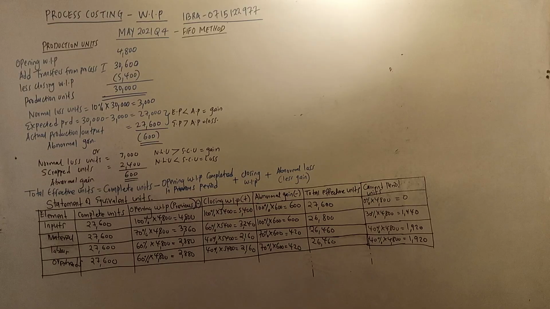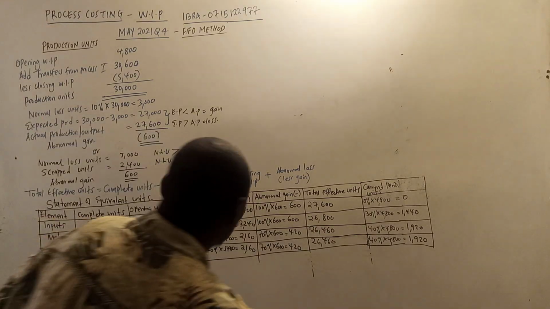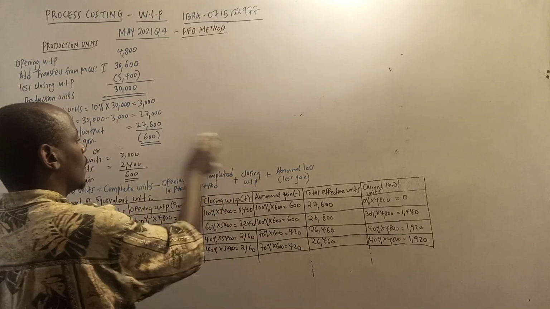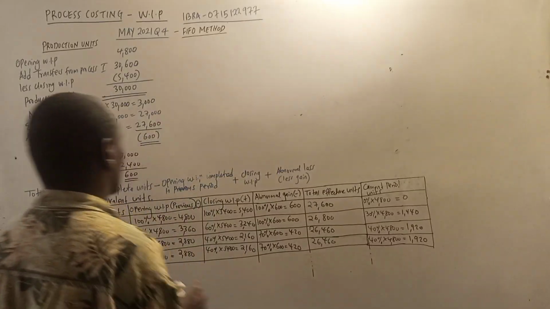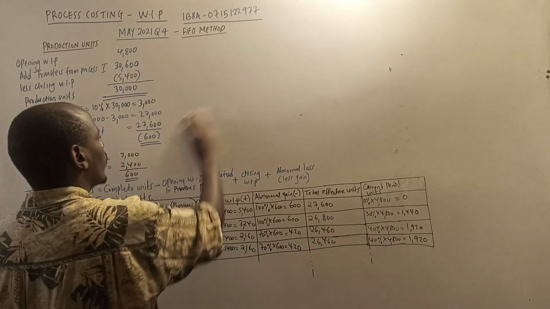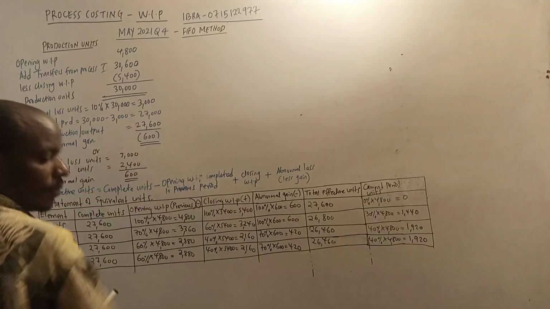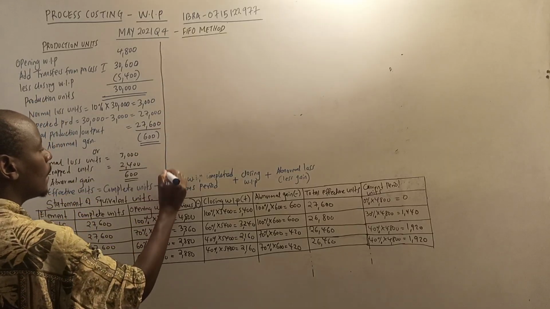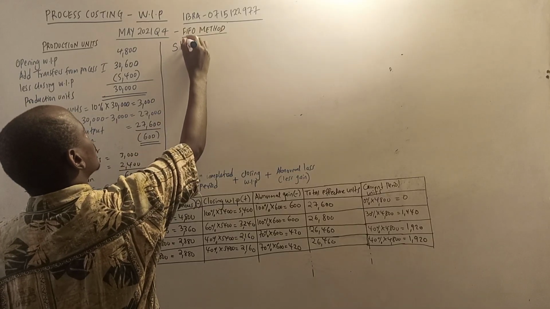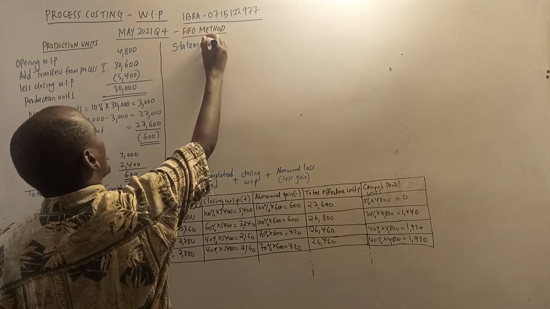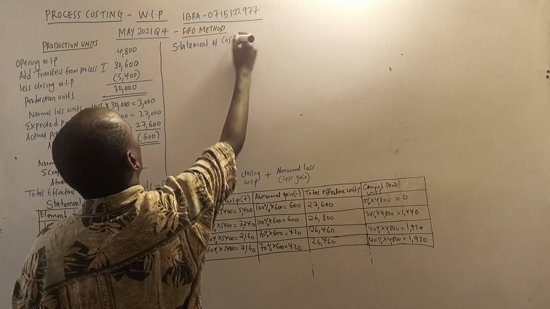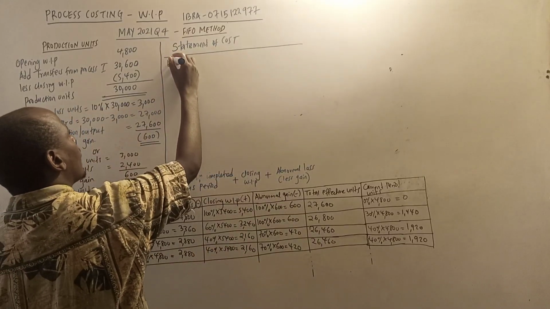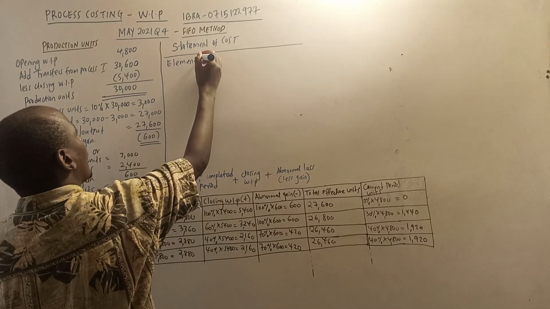Let us see the statement of cost. I'm going to remove this part. So as usual, we start with the elements of cost.